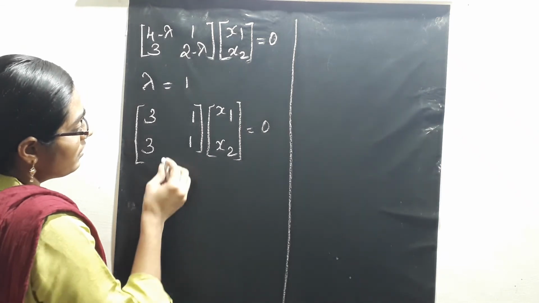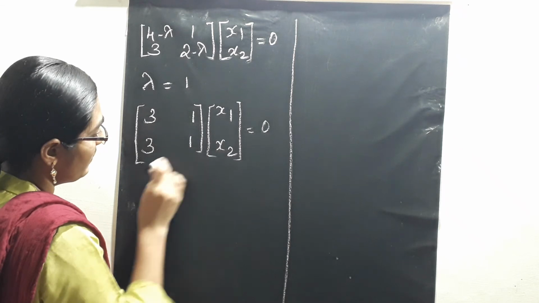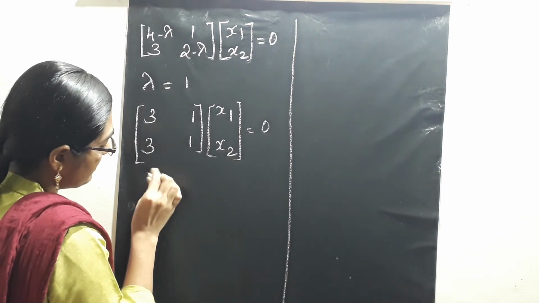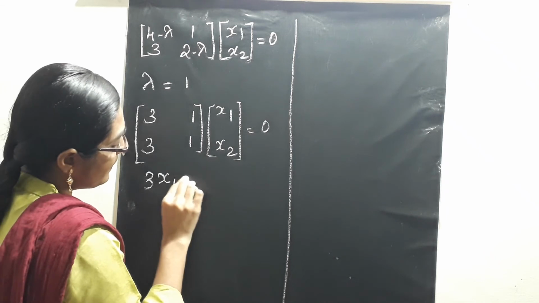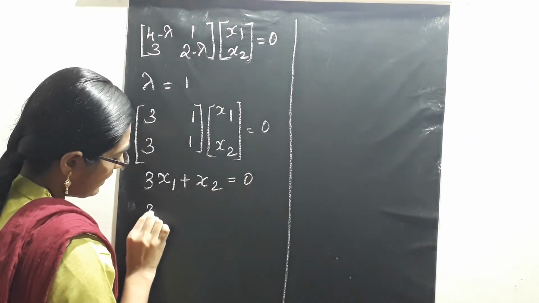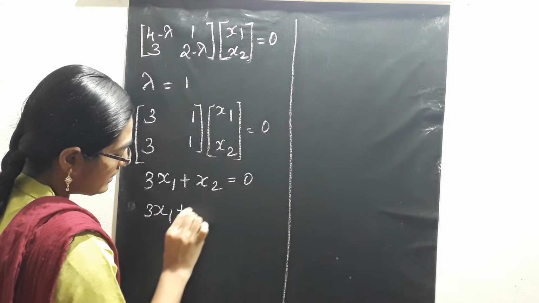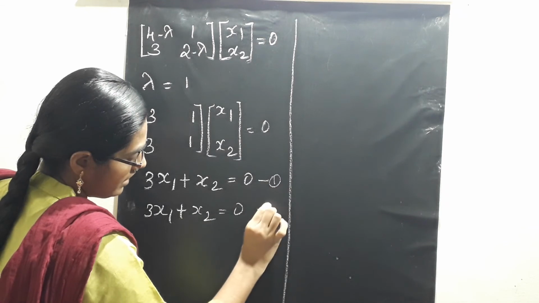Okay. So if you multiply it row by column, you will get 3x1 plus x2 equal to 0. Again 3x1 plus x2 equal to 0. You get both the equations are the same equations.